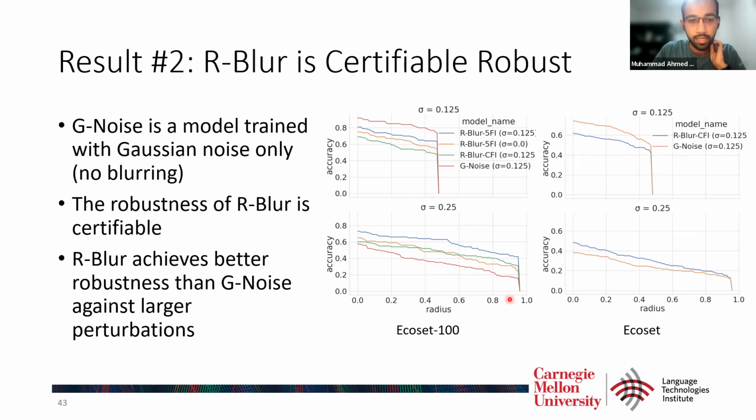However, at a higher radius of 1, when you're exposing the model to larger perturbations, we find that the R blur model ends up becoming more robust than the G noise model. The G noise model is the red line, the R blur model is the blue line. So even though both these models have the same amount of Gaussian noise added during training, R blur ends up being more certifiably robust to larger perturbation sizes than the G noise model.